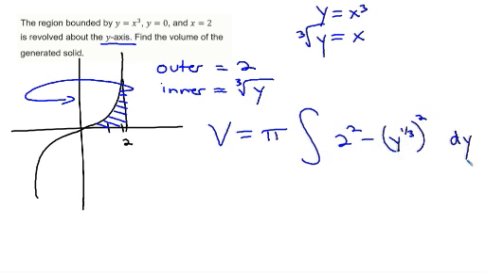My limits of integration need to be y values, so I'm setting x cubed. If I put in a 2 value, I'm going to get 8. So this is from 0 to 8. And there's my setup.